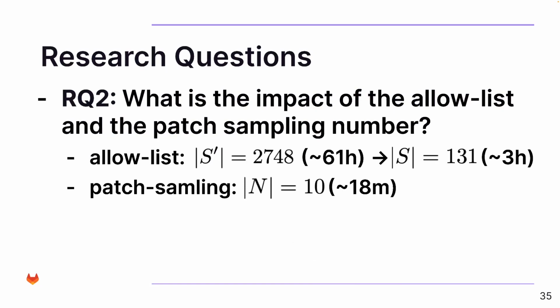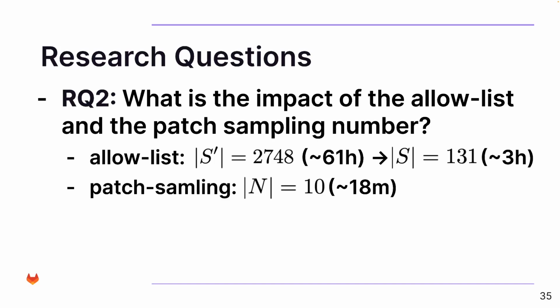Research question 2 is about the impact of the allow list and patch sampling number. If you would have only used the time frame approach, the slice that we had to replay would have had the size of about 2,700 commits.